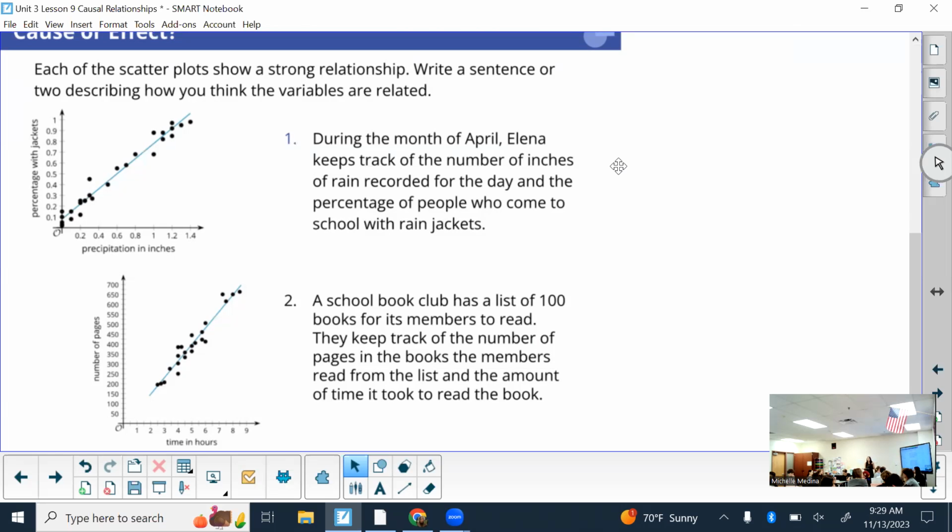All right, the more it rains, the more people need rain jackets, something to that effect. But you're doing it for all 4 of these things. So why do those variables have a close relationship? Talk about it in your groups. If you finish early, try to see, is there a cause and effect relationship going on in any of them? So do that. Since there's 4 of them, I'll give you 4 minutes.